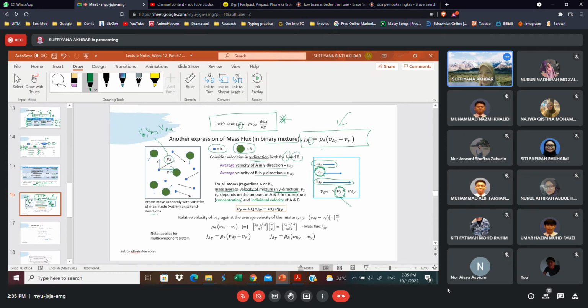This v_y is influenced by the concentrations of A and B and also the individual velocities of A and B. Therefore, v_y is equal to omega_A times the average velocity of A in the y direction plus the mass fraction of B times the average velocity of atom B in the y direction.